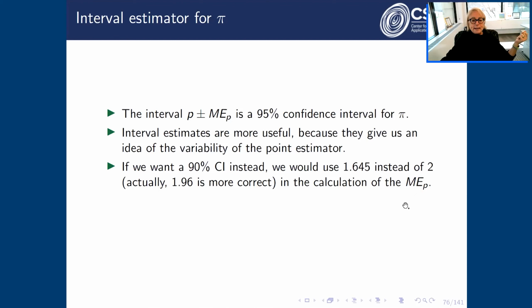And so this is, I think, best practice: always attach a margin of error to your estimates, because that will give your reader an idea of how much weight to put on your estimate of this unknown population quantity.